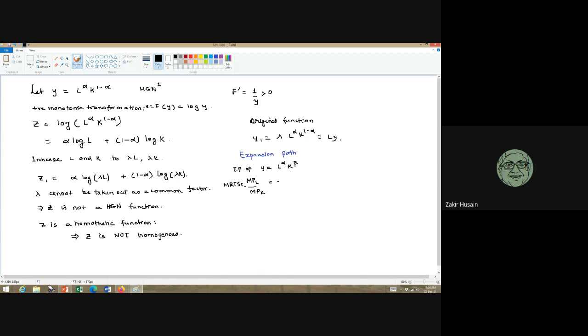This is MPL. It is alpha L to the alpha minus 1 K to the 1 minus alpha. What is MPK? 1 minus alpha L to the alpha K to the 1 minus alpha minus 1, which is minus alpha.